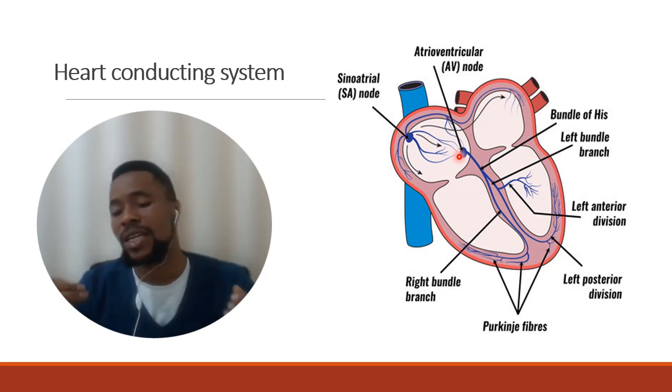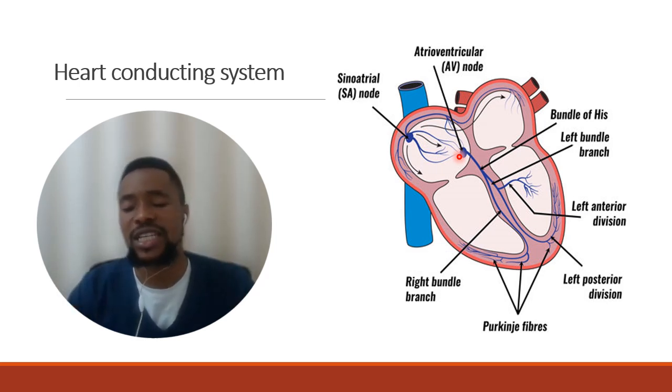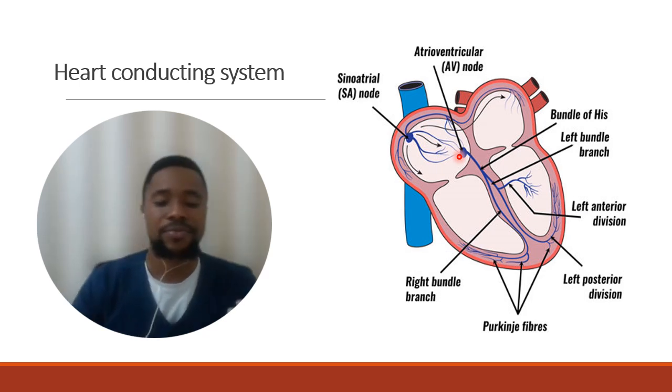Now, when it paces a rhythm above 60, it's regarded as accelerated junctional rhythm. So these things are not complex. You need to first understand the conducting system, so that you'll be able to know what you are looking for. So when you see it, you don't miss it.